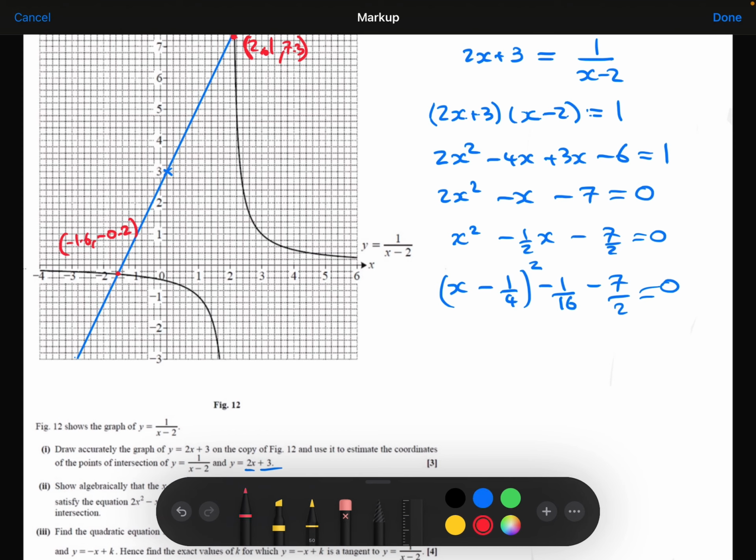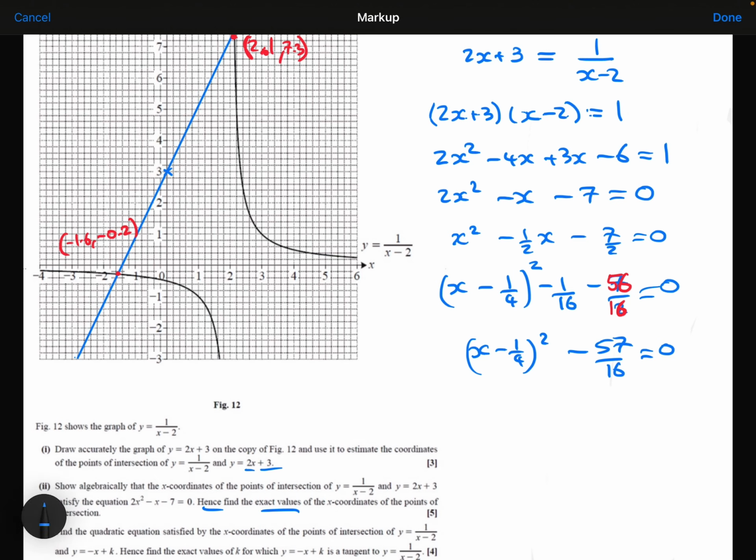The 7 over 2 is the same thing if I get a common denominator here, so let's times that by 8 to get a 16, times this by 8 to get a 56. Add the 57 over 16 to both sides.